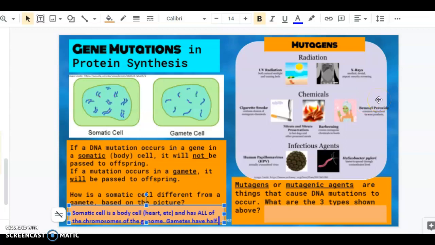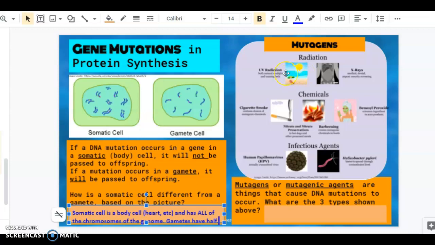What causes DNA mutations? Well, mutagens or mutagenic agents are things that can cause the DNA to mutate. What are some mutagens? Radiation, chemicals, and infectious agents like certain viruses or bacteria can all cause DNA mutations. For example, UV radiation from the sun can cause DNA mistakes in the DNA of skin cells where the UV radiation penetrates.